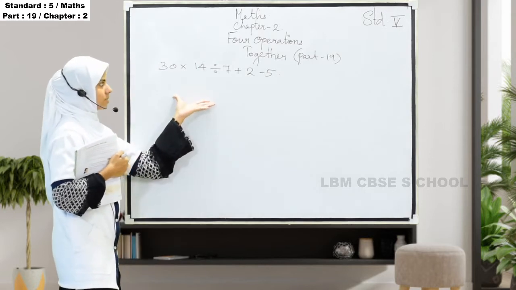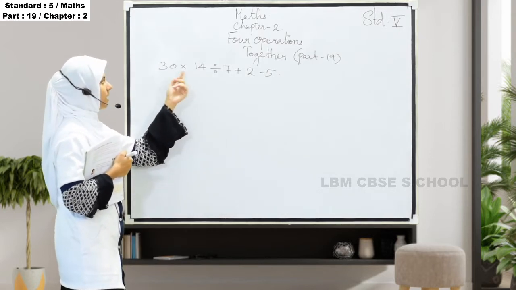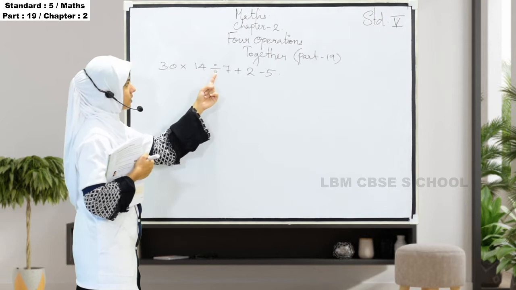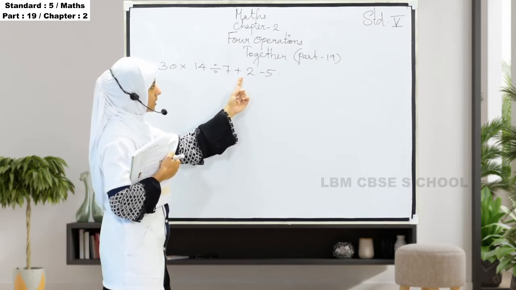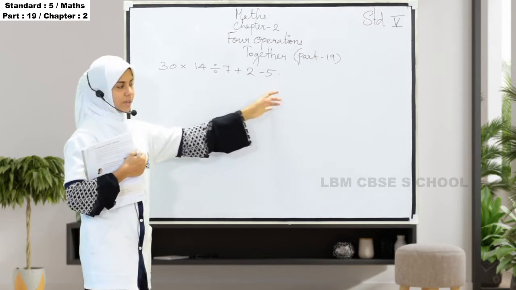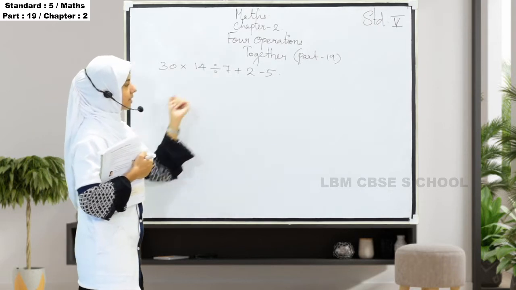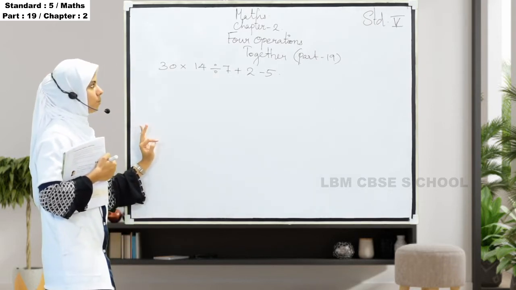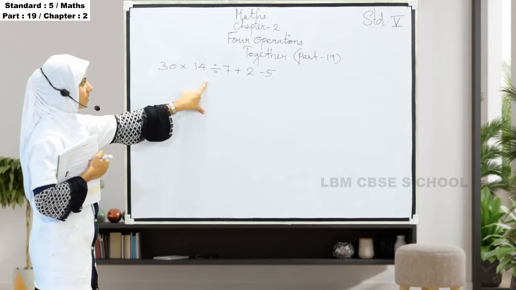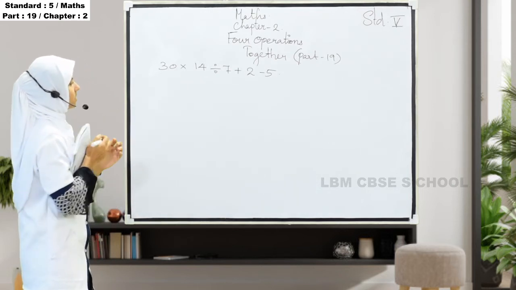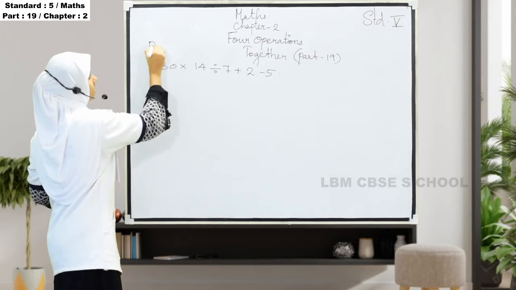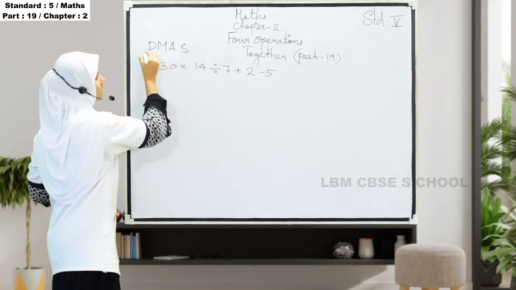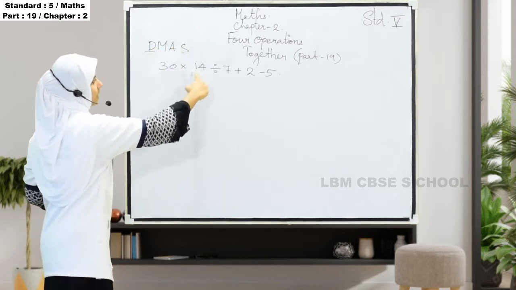Look at this question. Here are four operations, isn't it? Multiplication is here, division is here, addition is here, subtraction is also here. Four operations came together here. Then first we have to find which operation? Here it is division, from DMAS rule. First is division. So first we have to find the answer of this one.